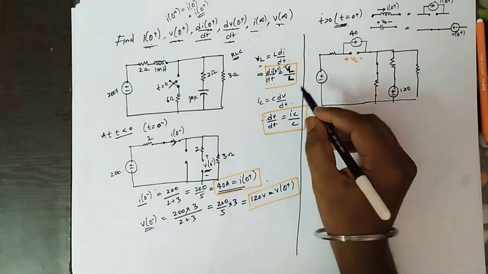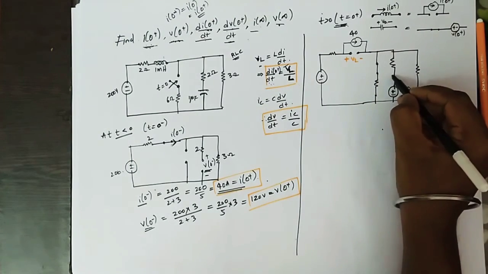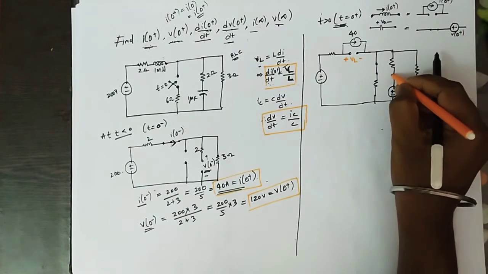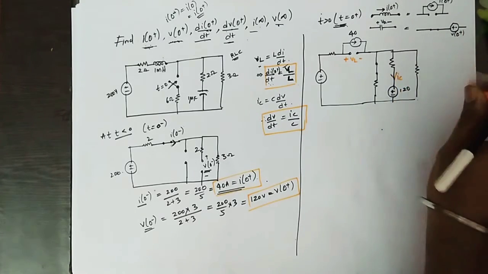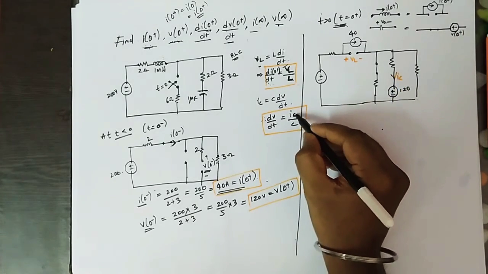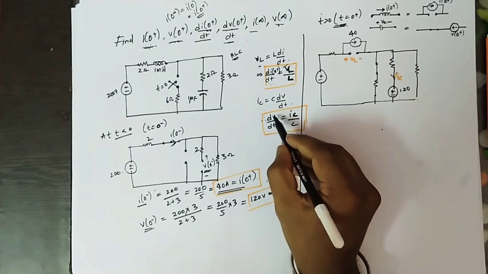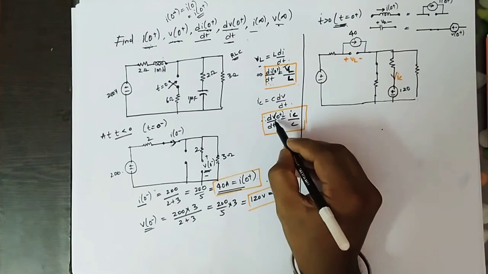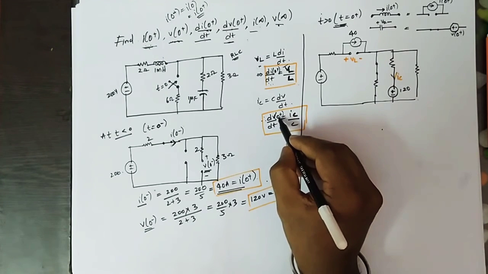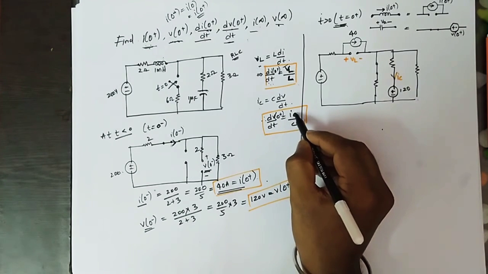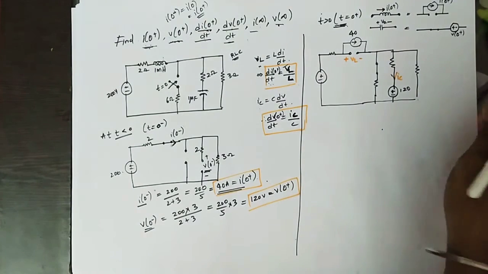Now, if you find current IC, by the formula for the capacitor, IC equal to C dV by dt, to find dV of 0 plus by dt, you need to find current IC here.